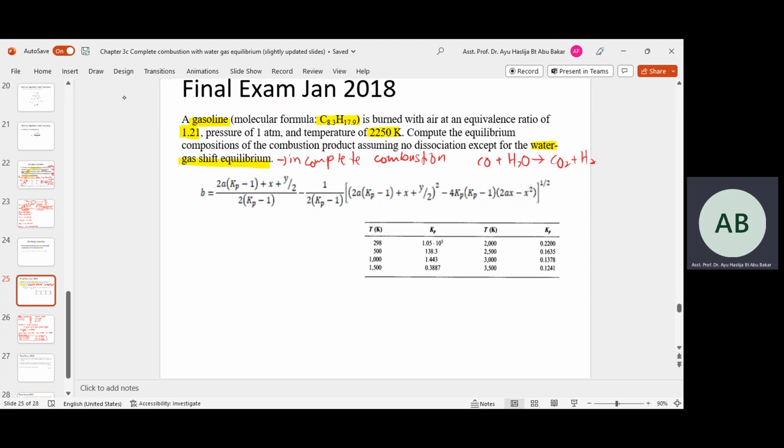Now, first thing first, identify that the question asks you to compute the composition. So that means you need to know what is in your flue gases. Composition here means the mole fraction of your gases. So first thing first, always generate the combustion equation first.